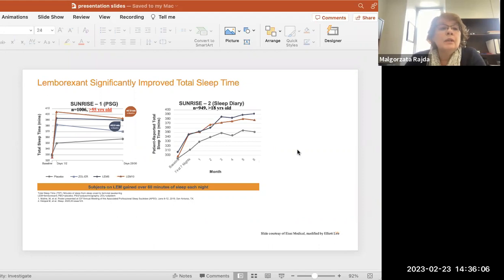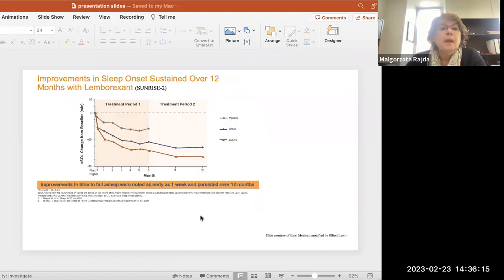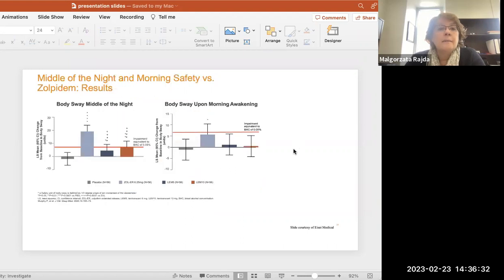Those were adult patients, and some were 55 and older. The clinical trial data also showed that the gains in sleep were sustained over 12 months. Of course, time will tell us how well it bears out in real life.